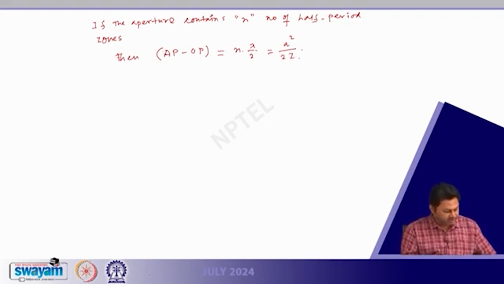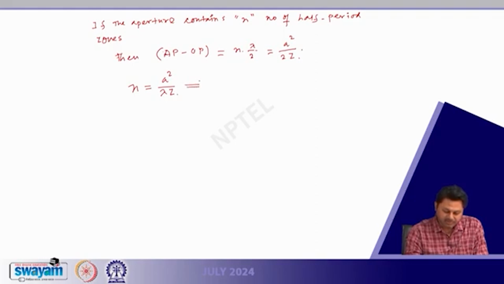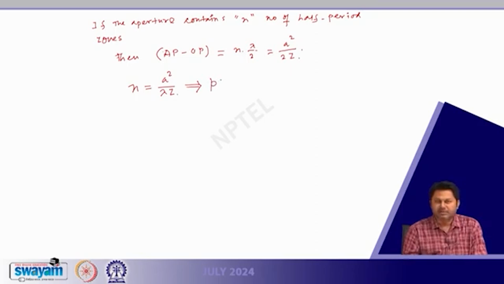So from this calculation we get something very interesting: n, the number of zones, is equal to A square divided by lambda Z, which is essentially equal to the parameter P we already defined during the calculation.